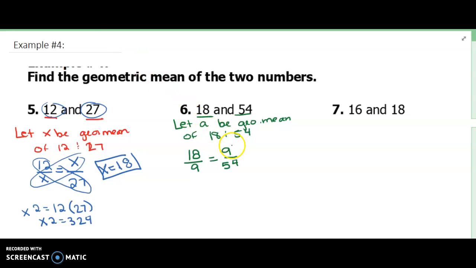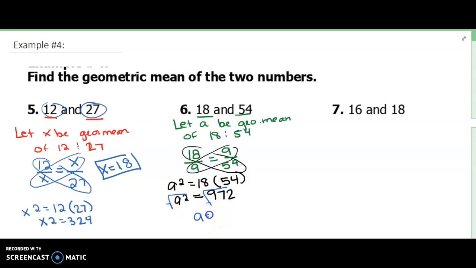From here I can cross multiply. So A squared equals 18 times 54. And 18 times 54 is 972. So find the square root of both of those. A equals square root of 972.